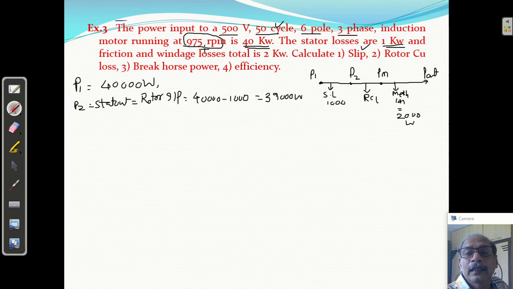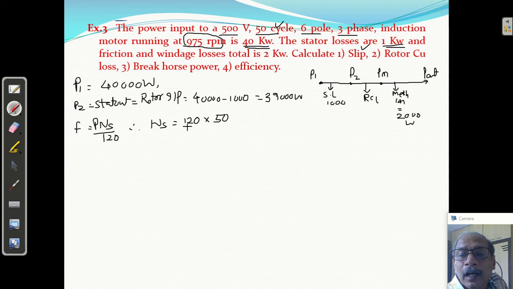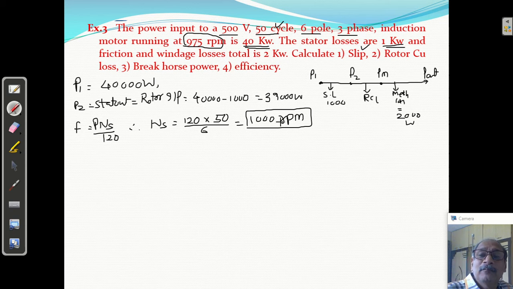You will get NS, or N is given, you can get the slip. NS equals 120 F upon P, so NS equals 120 into 50 upon 6, you will get 1000 RPM. Remember, if it is an MCQ and 975 RPM is the actual speed, then surely the synchronous speed is 1000 RPM. Just try to save your time, you can directly write 1000 RPM NS.